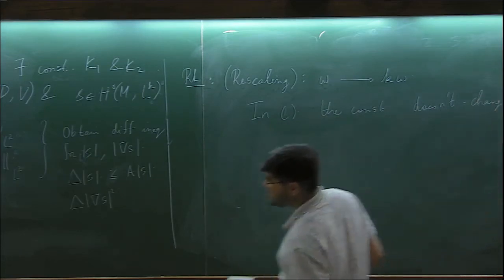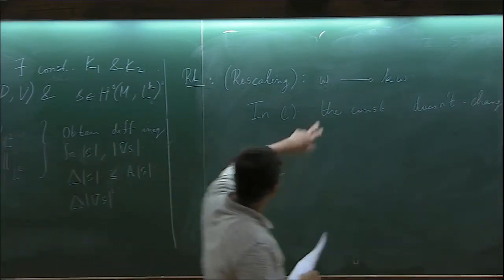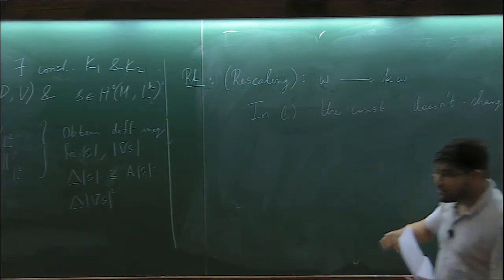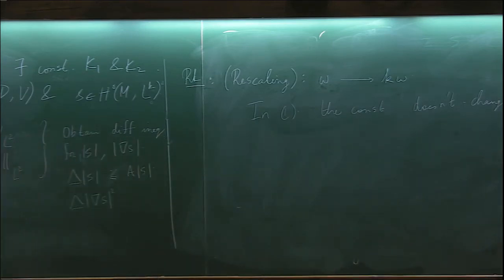What is happening when you change omega to k omega? The lengths are getting scaled by a factor of root k, but the volume is also getting scaled by a factor of k to the n, because the determinant of g_ij plays the role of the volume element.